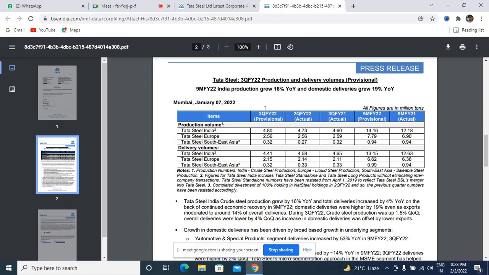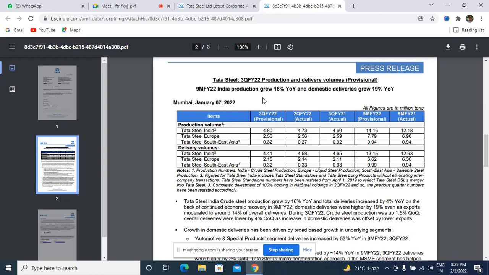Soumya, what is this quarter on quarter? Sir, no idea of this.